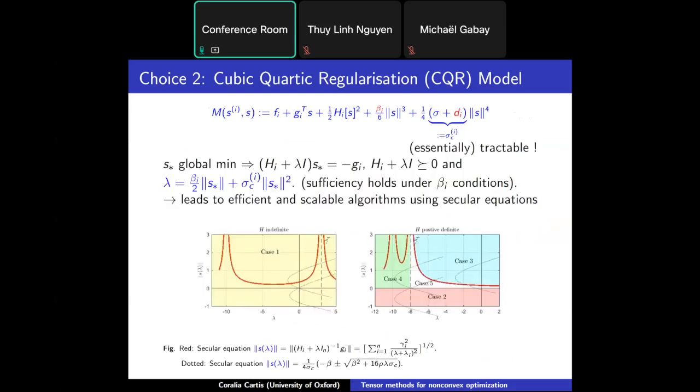Again we iterate. The way we characterize optimality is again through these kinds of extensions of S-lemma ideas. In fact, it goes back to the trust region regularization ideas. And so we have to solve this. We again can show some kind of hidden convexity. We have to solve for lambda and s this system.